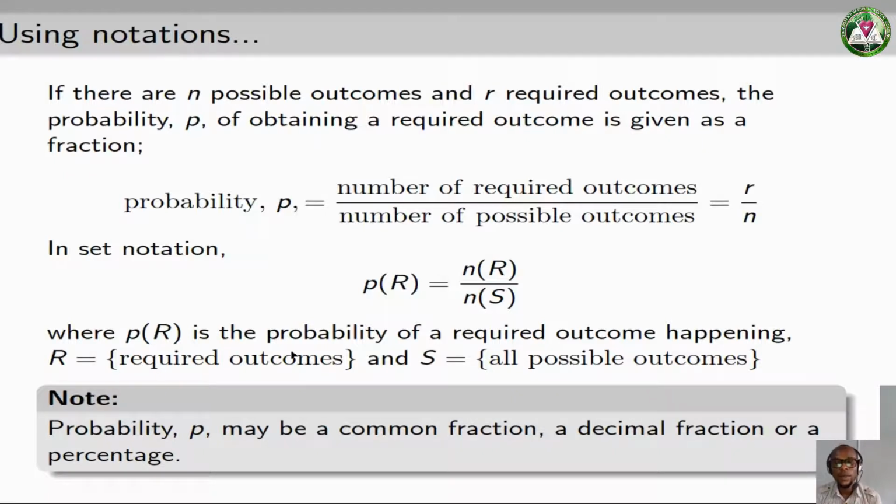That gives us the number of required outcomes, which we'll insert in our formula. And S equals all possible outcomes. Now you should note that the probability P may be a common fraction, which we've seen before, a decimal fraction, or a percentage, which we'll see in our next example.